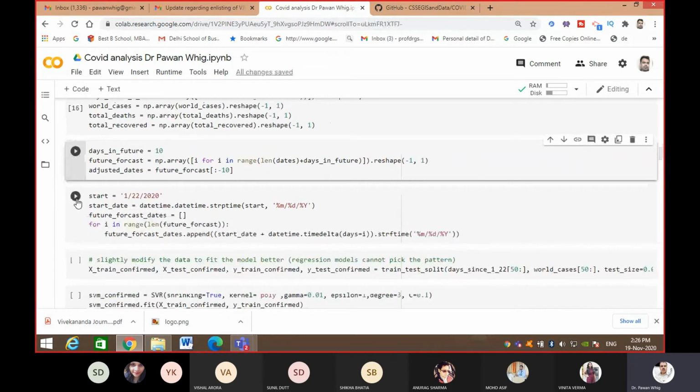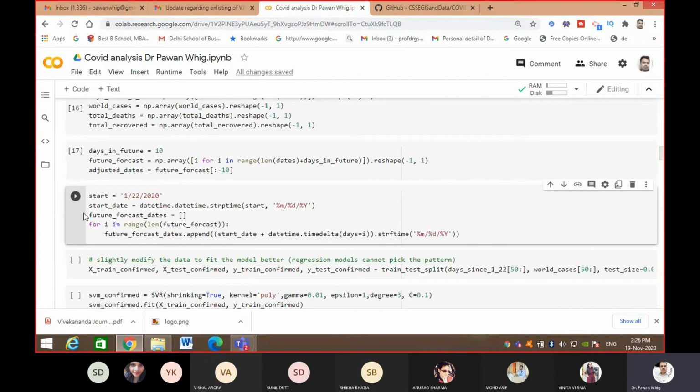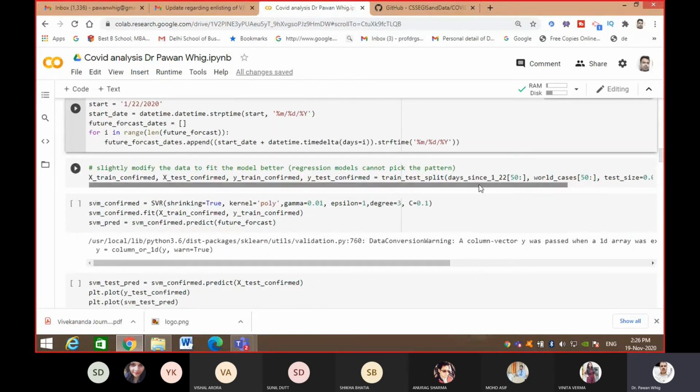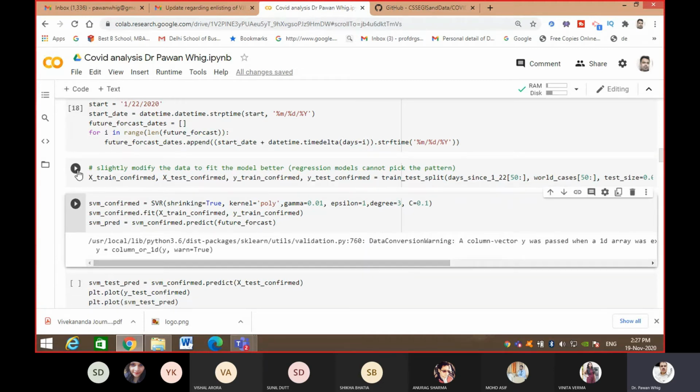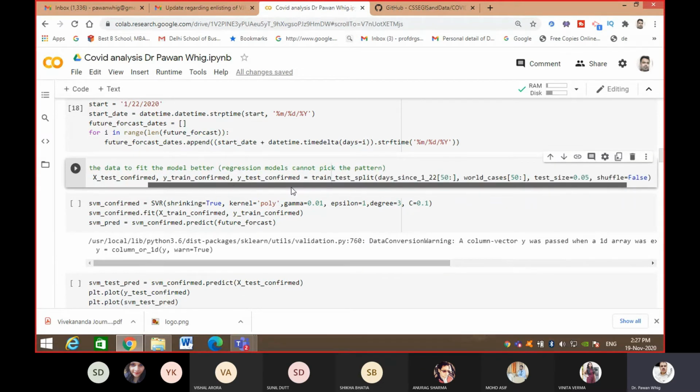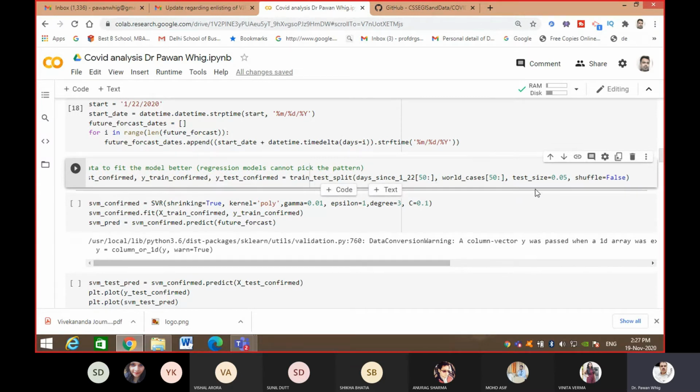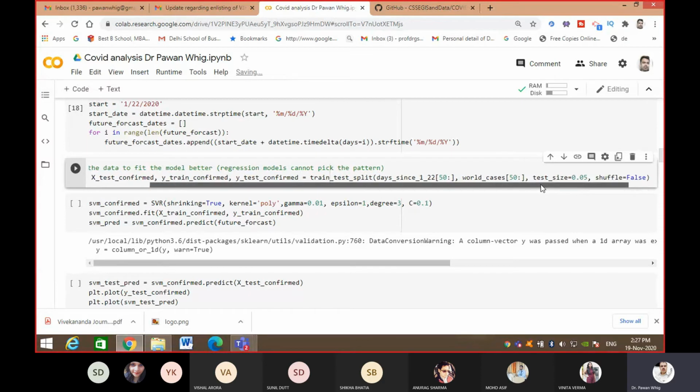Now here we are doing the testing and splitting, training and testing. We split the data with test size 0.05. That is 5% testing data we are taking, and a 95% training set.